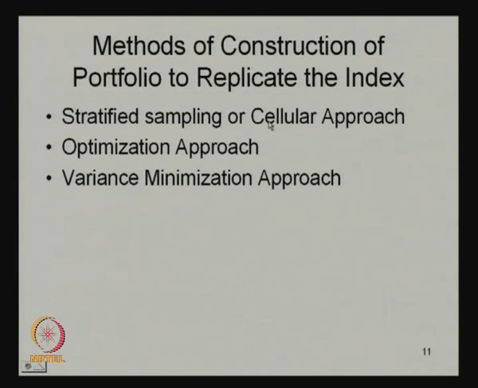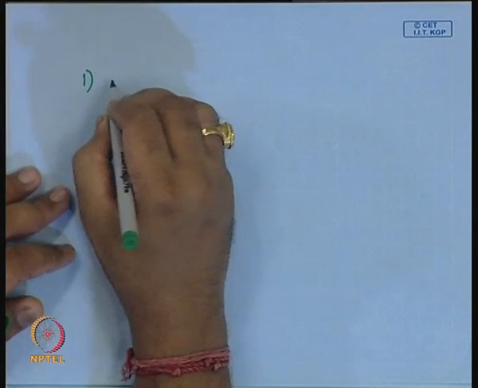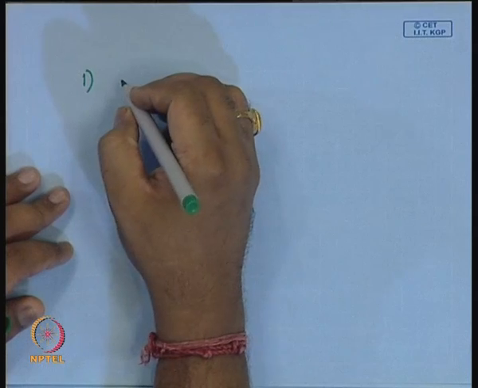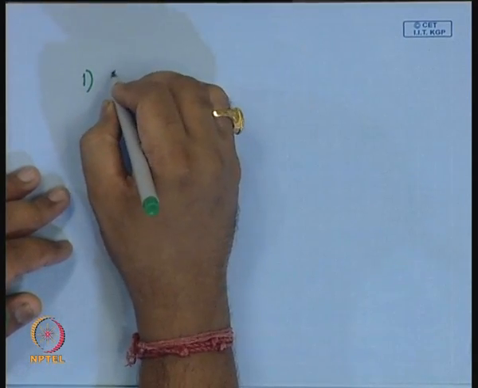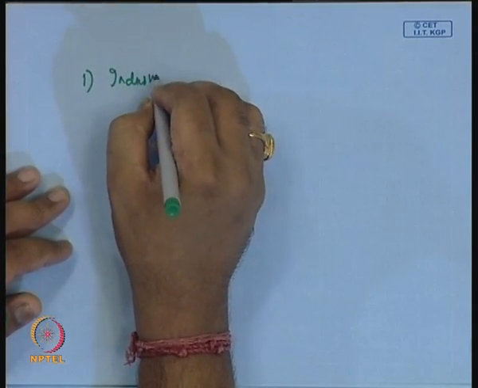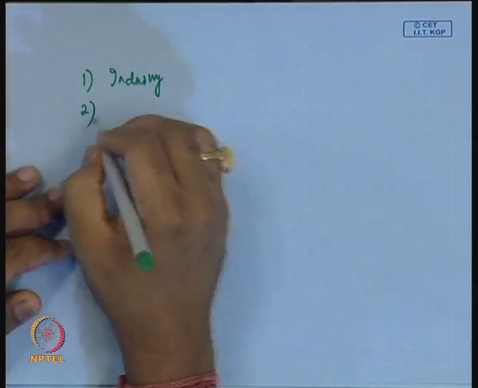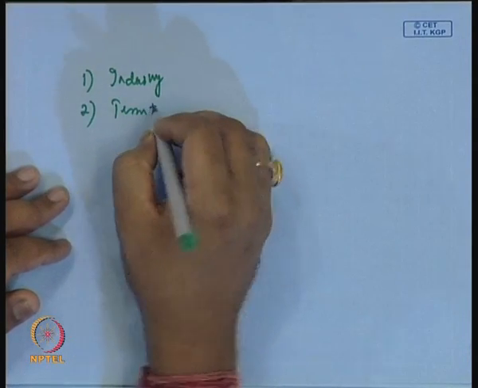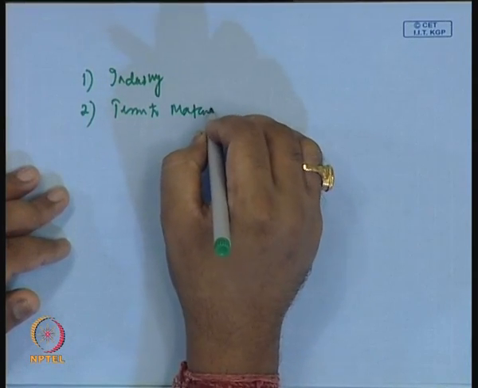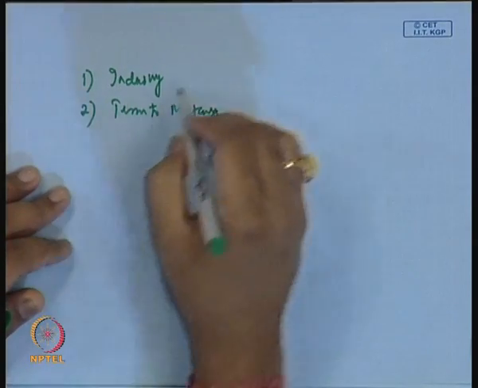What exactly does the cellular approach mean? It means that for your index, you can construct different cells on the basis of certain categories. Let's say you are preparing an index, and industry is one of the categories. Number 2 is your term to maturity. So you can make different cells.